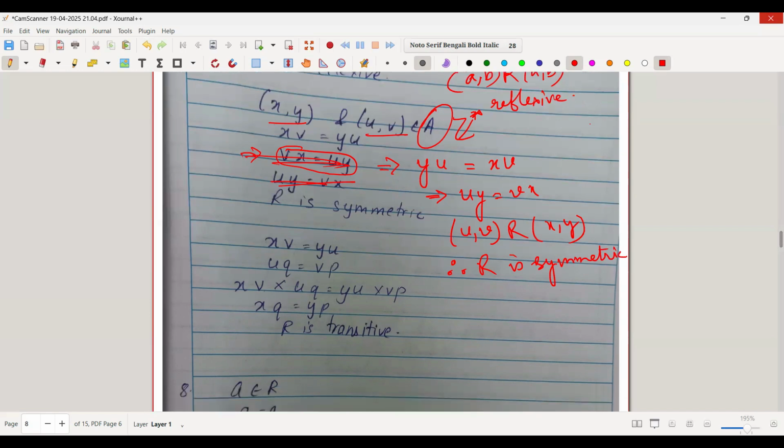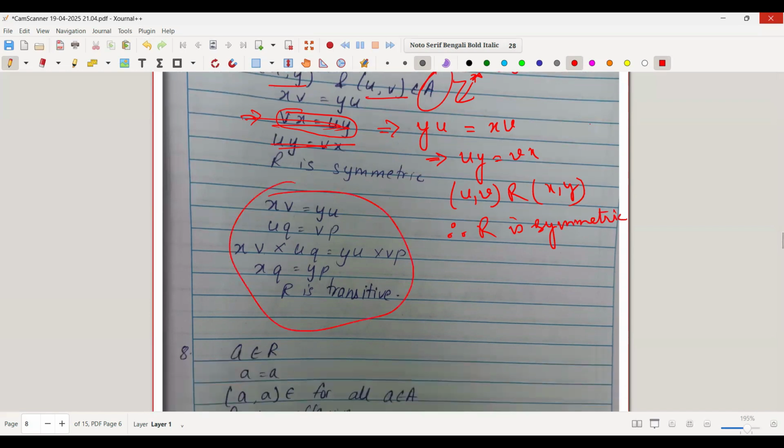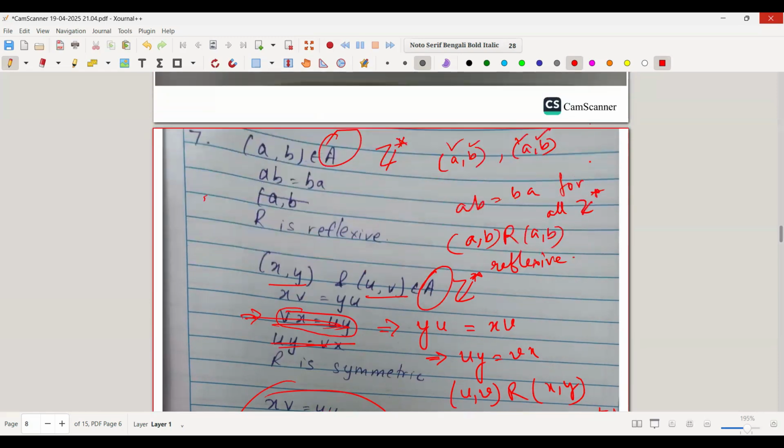Next, there are three elements that are (x, y), next (p, q), and this is actually (u, v).